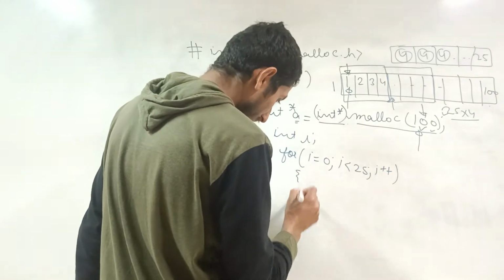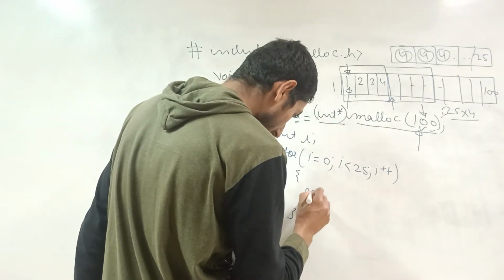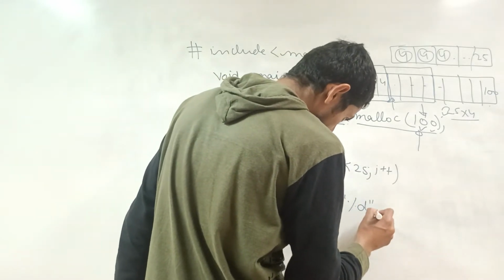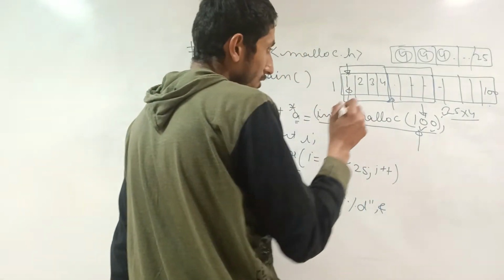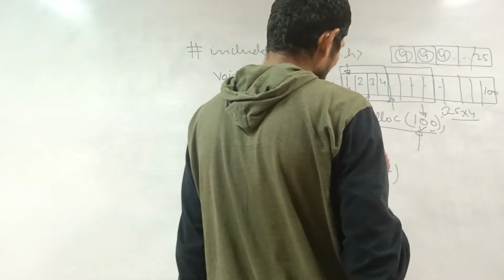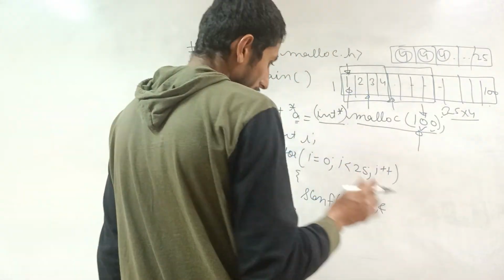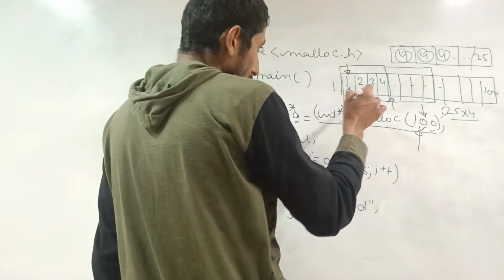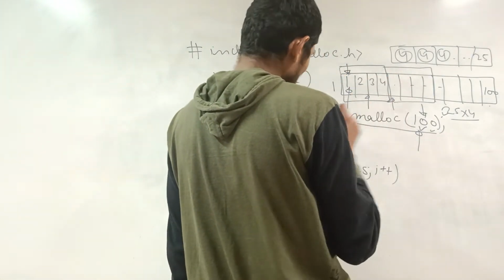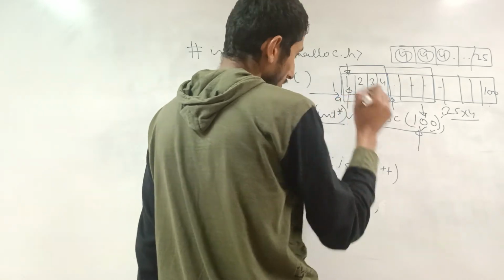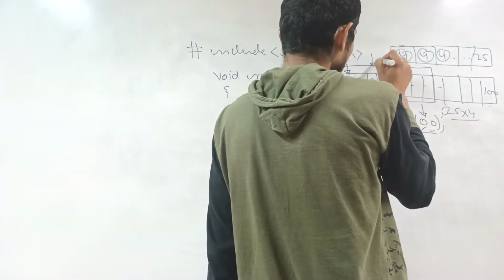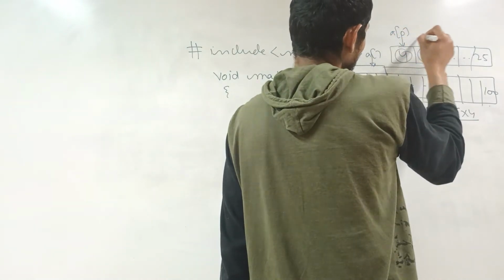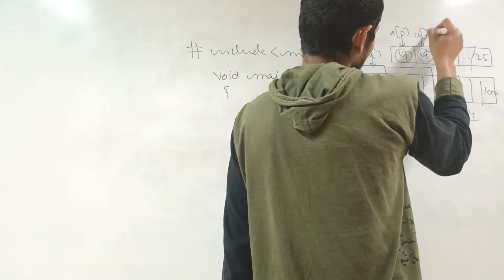Please pay attention to how we can put scanf with percent d. How can we refer to the first block? The block name is A, the first block is A[0], the second block is A[1], and so on.